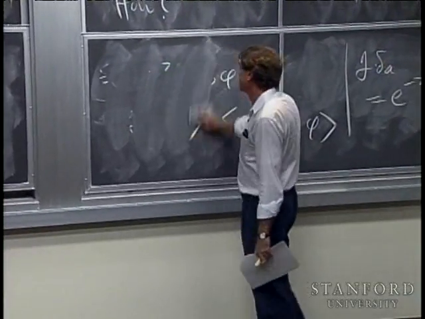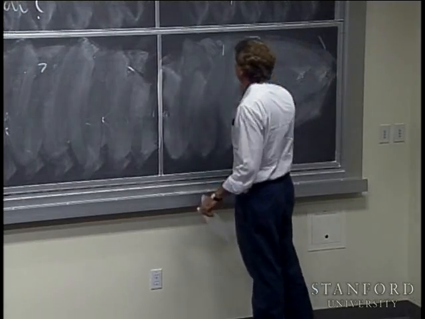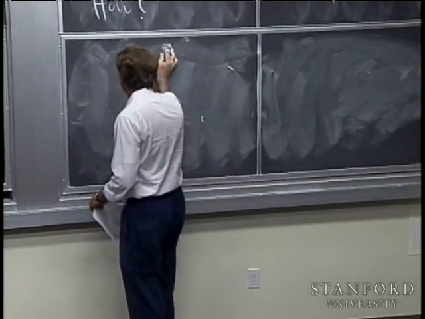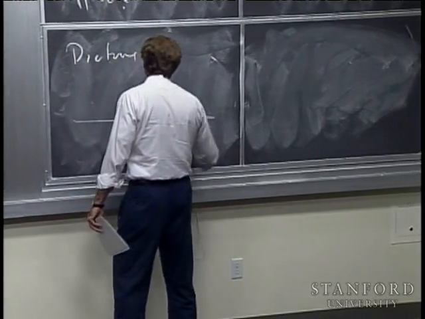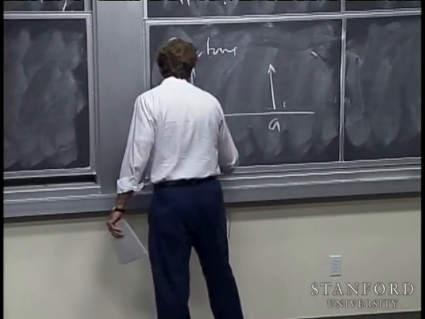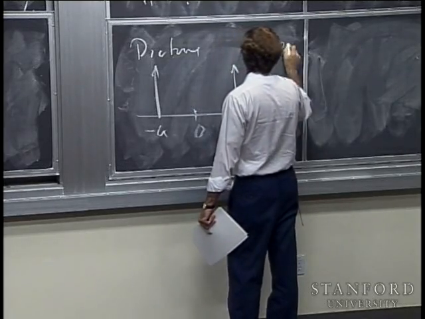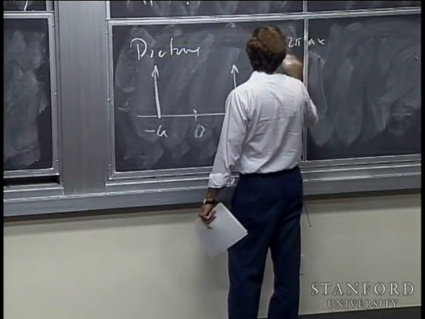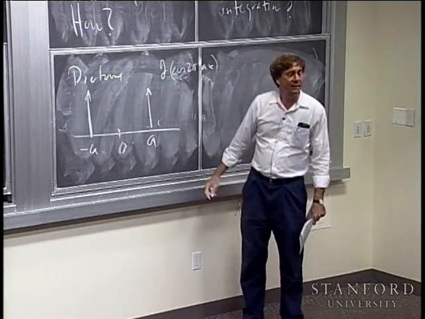There's a graphical way of representing that. The graphical picture usually goes like this: you draw two spikes, one at a and one at minus a. Here's 0. People usually denote the Fourier transform graphically by this, and that's fine.